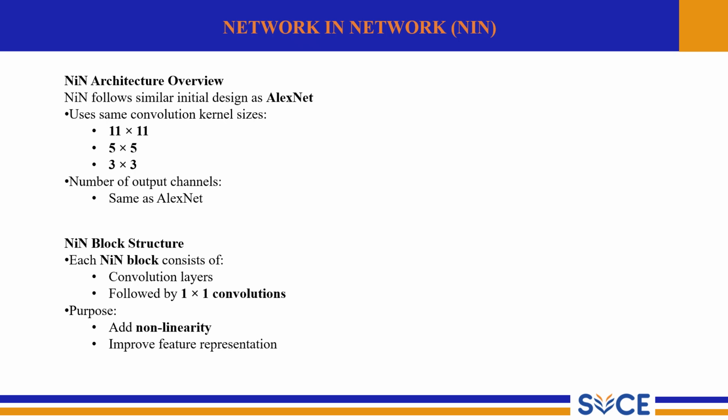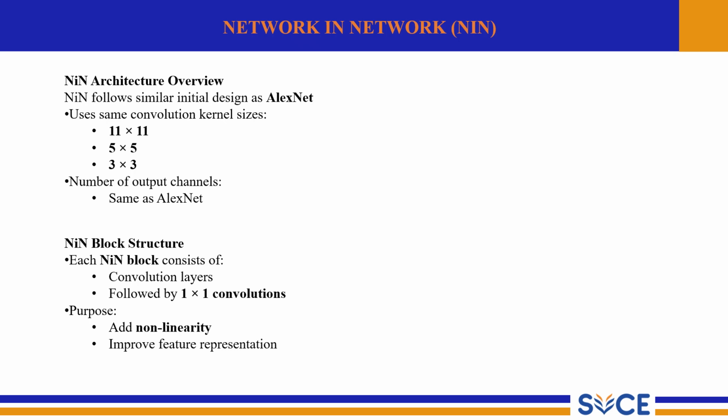So let's focus on key innovations. The NIN block structure. Each block is not just a simple convolutional layer. It is a combination of a standard convolution layer followed by one-by-one convolution layers, also known as pointwise convolutions. The main purpose of these one-by-one convolutions is to increase the level of non-linearity in the network without increasing spatial dimensions.